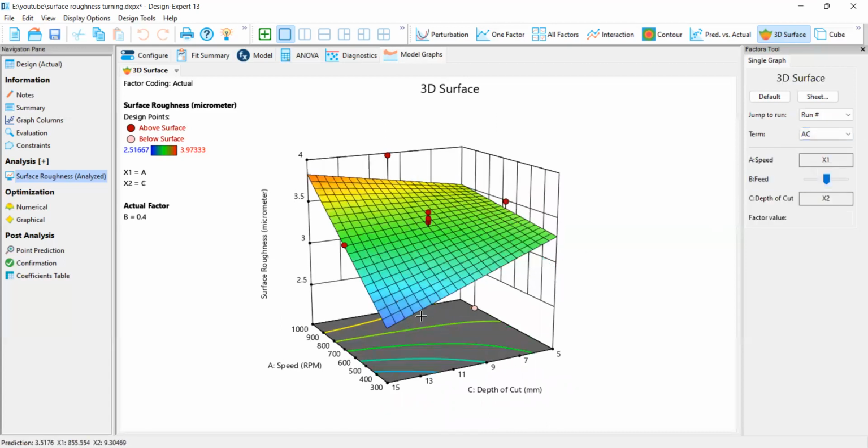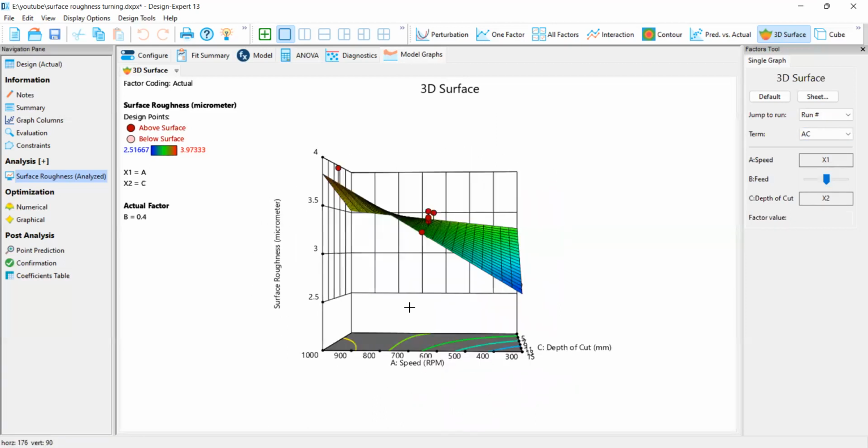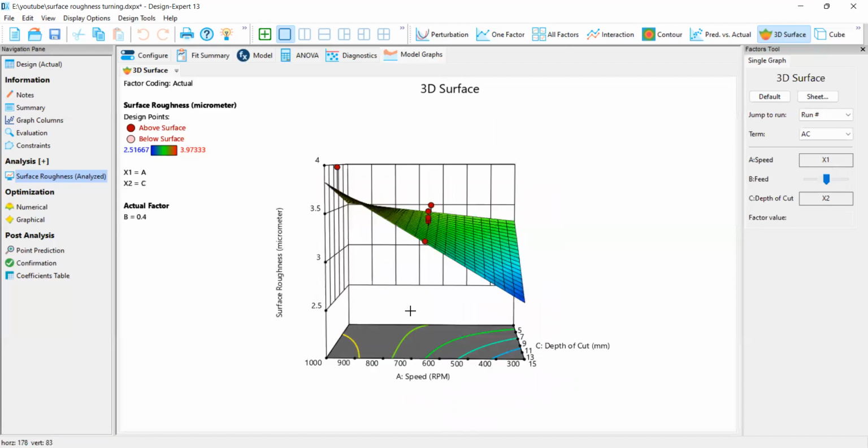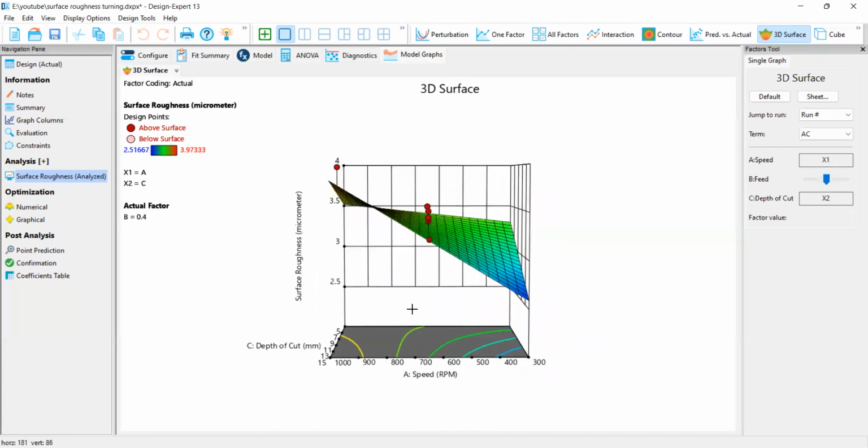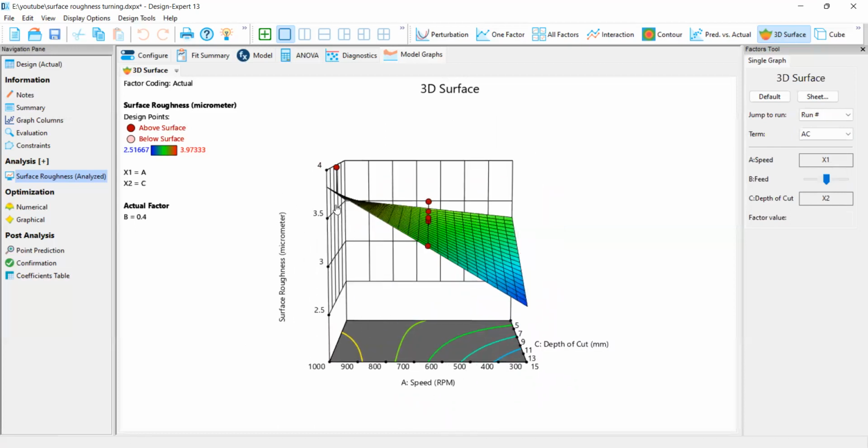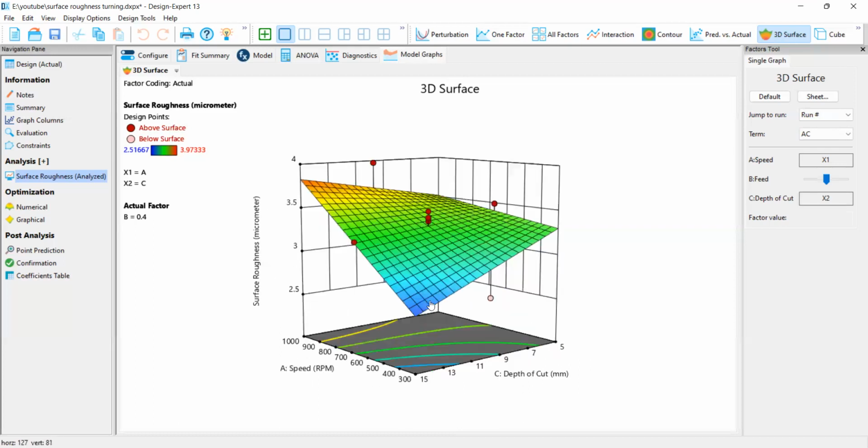For A and C, that is the speed and depth of cut, you can see that the graph is obtained like this. From the side view, we can see that it is decreasing. As we are decreasing the speed, the surface roughness is also decreasing. It is following a decreasing trend, or we can say that when the speed is increasing, the surface roughness is also increasing with it.